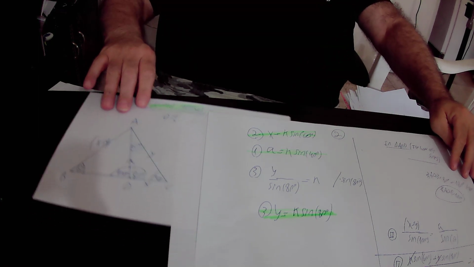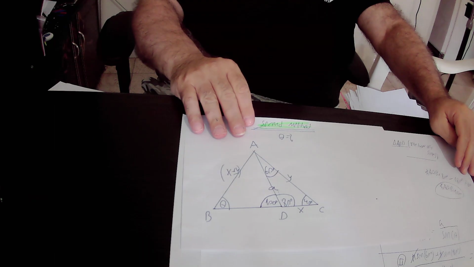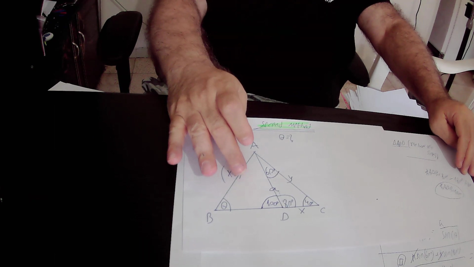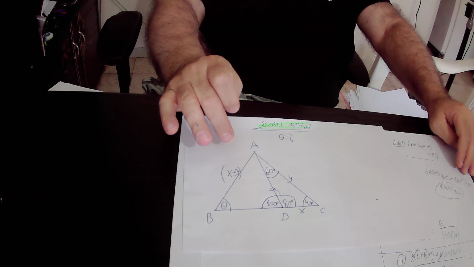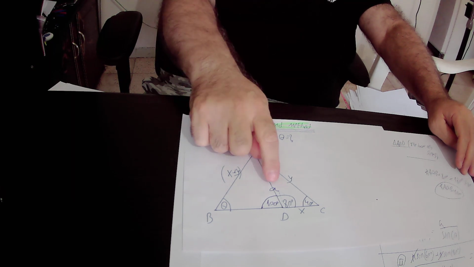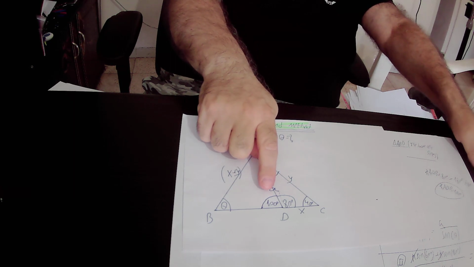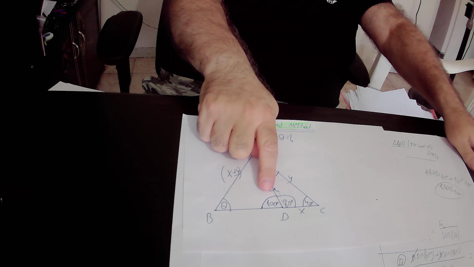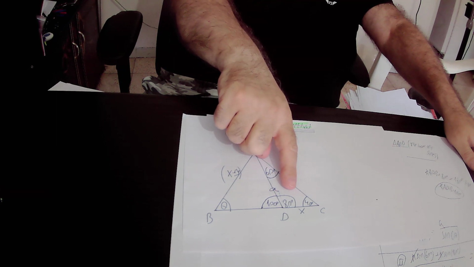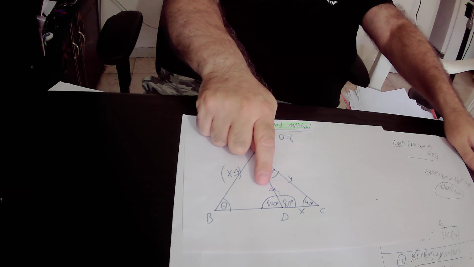Then we implemented the law of sines in triangle ABD. According to the law of sines in this triangle ABD, this angle equals 80 degrees, so this angle must be equal to 100 degrees in order to complete the sum of the angles on the upper side of the straight line BC to 180 degrees.